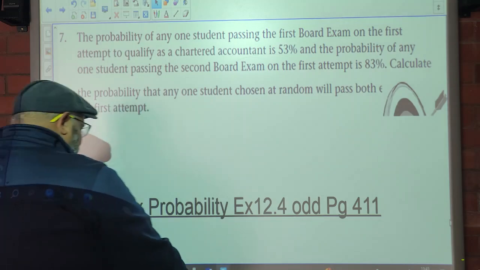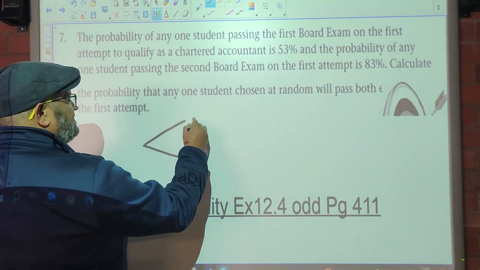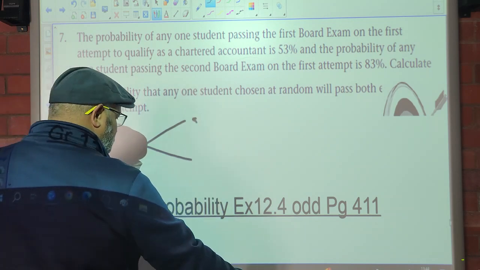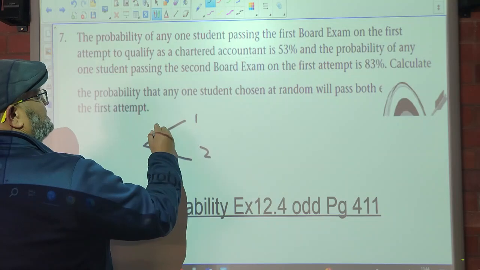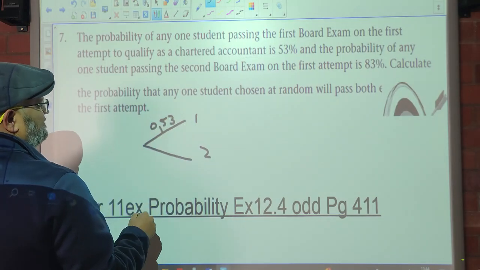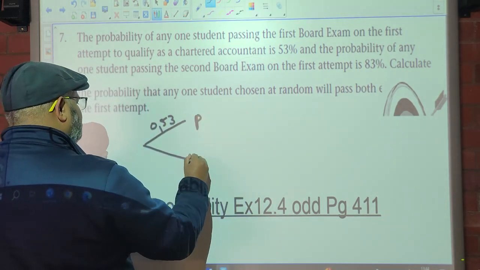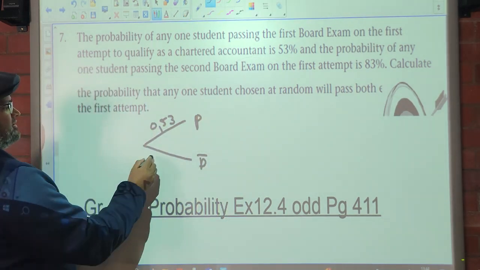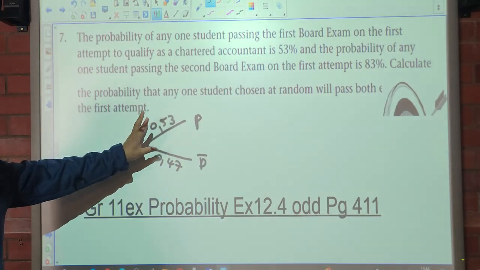So attempt 1 is 53%, so 0.53. Then what is the chance of them not passing? 0.47. Remember, this must always add up to 1.